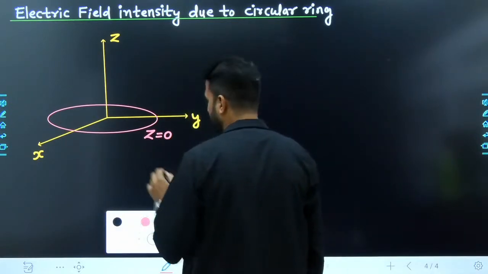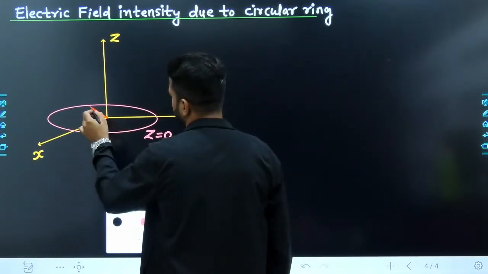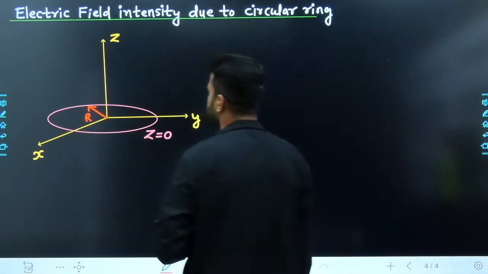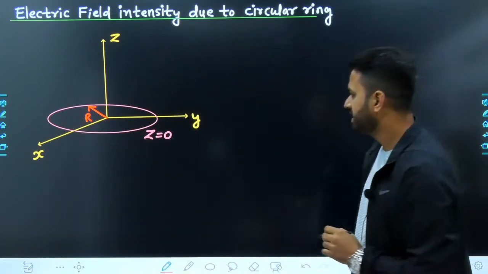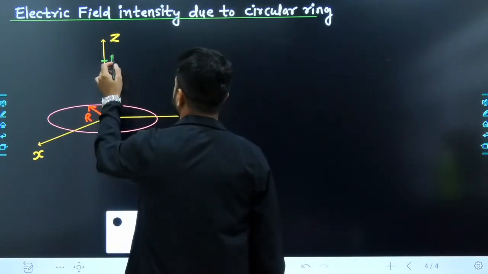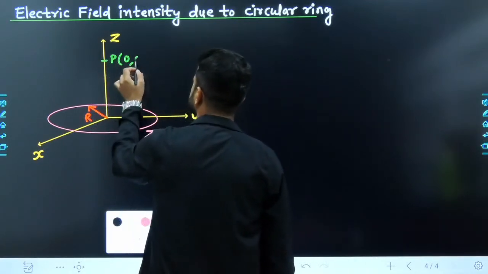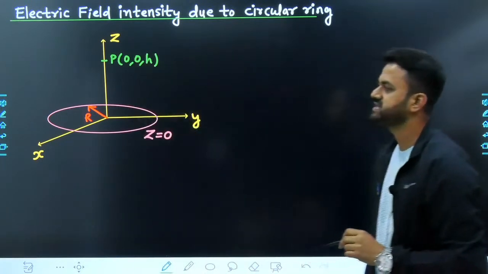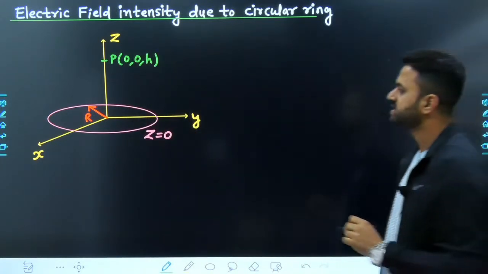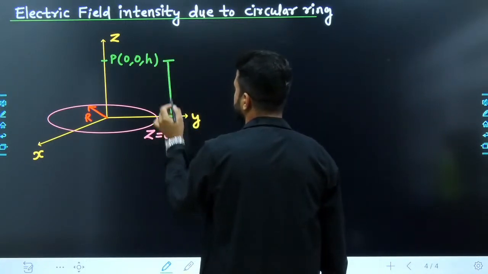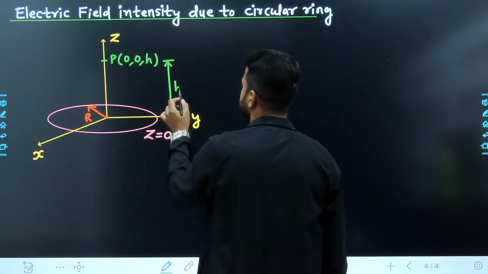ring is say r, and we want to calculate the electric field at any point P which is at height h from the ring. So the distance from the center of the circular ring is h.